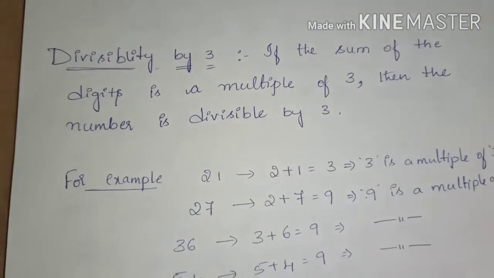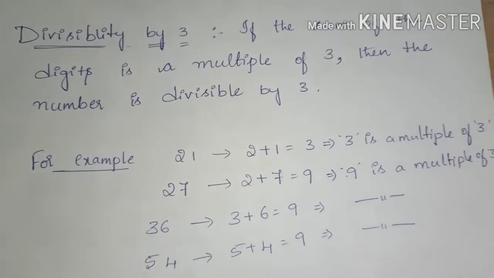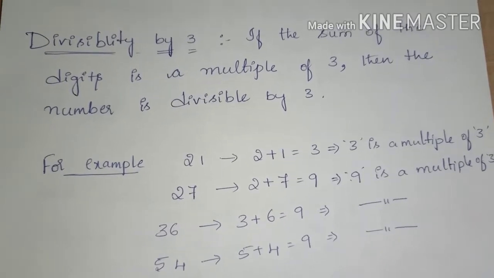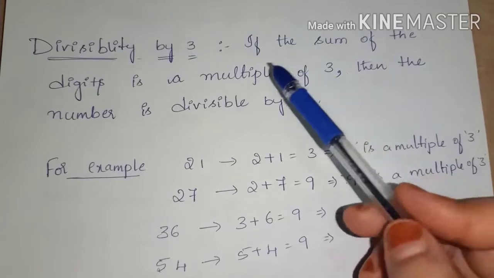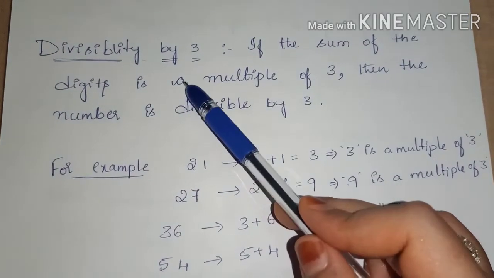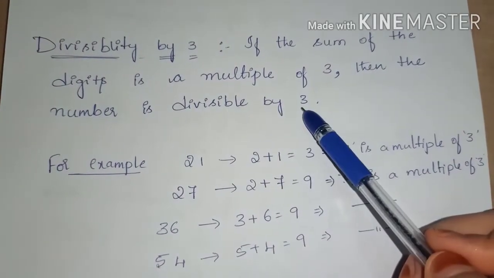Yes, the next one is divisibility by 3. We have now studied divisibility by 10, divisibility by 5 and 2. The next one is test for divisibility by 3. According to this rule, if the sum of the digits is a multiple of 3, then the number is divisible by 3.